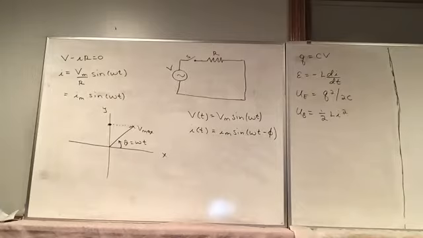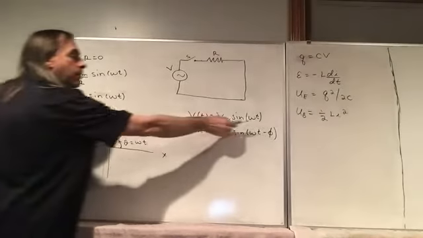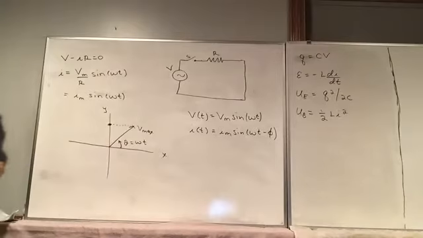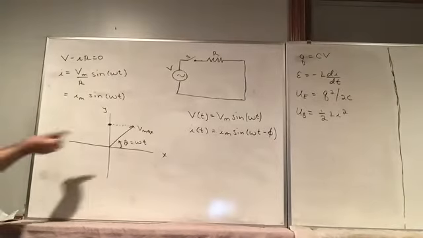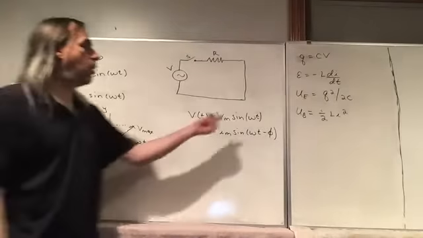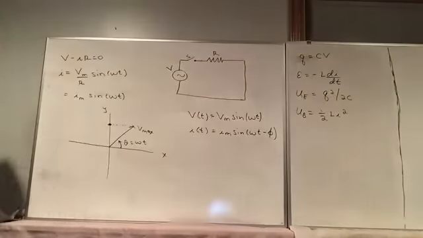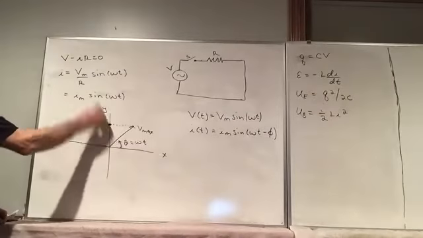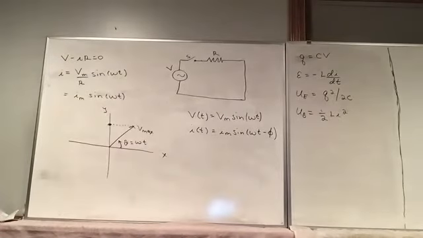So again, say t equals 0, then sine of theta is 0, the voltage is 0. Alternatively, let's say we rotate through 90 degrees. So omega t is 90 degrees, or pi over 2 radians. Then sine is 1. So we're just vertical, and we're at maximum voltage.